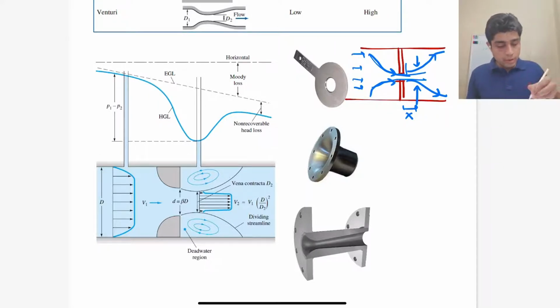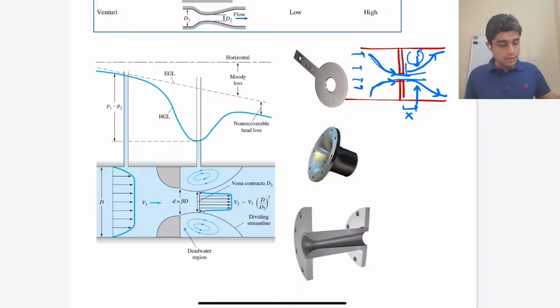Because of this, there is also a dead water region where the fluid is just circulating and it is not moving forward. This dead water region is also highlighted in this diagram on your left. And because of this, the minor losses are huge.